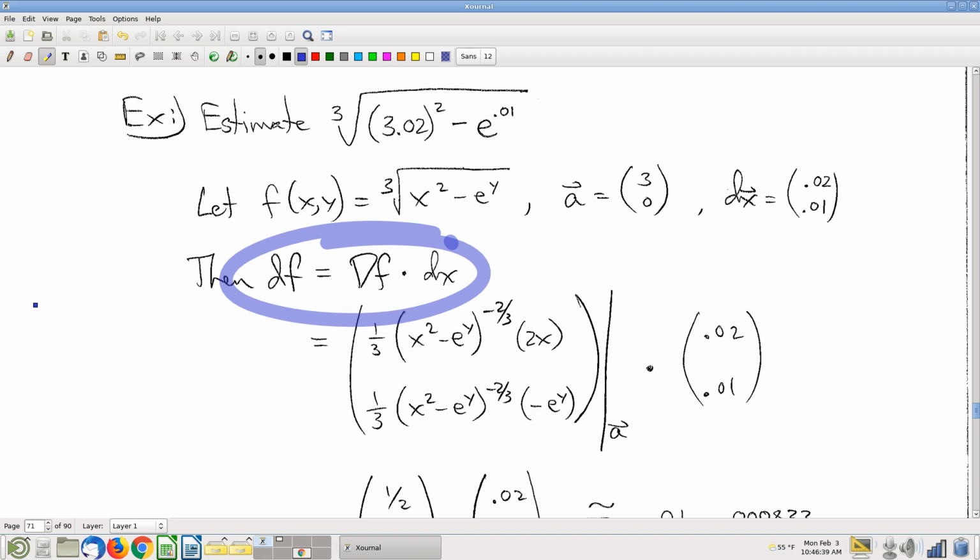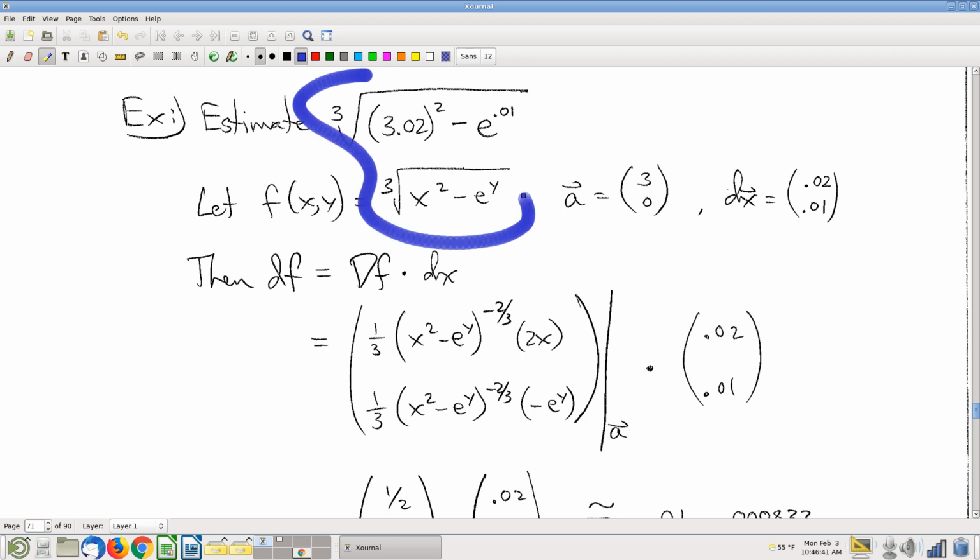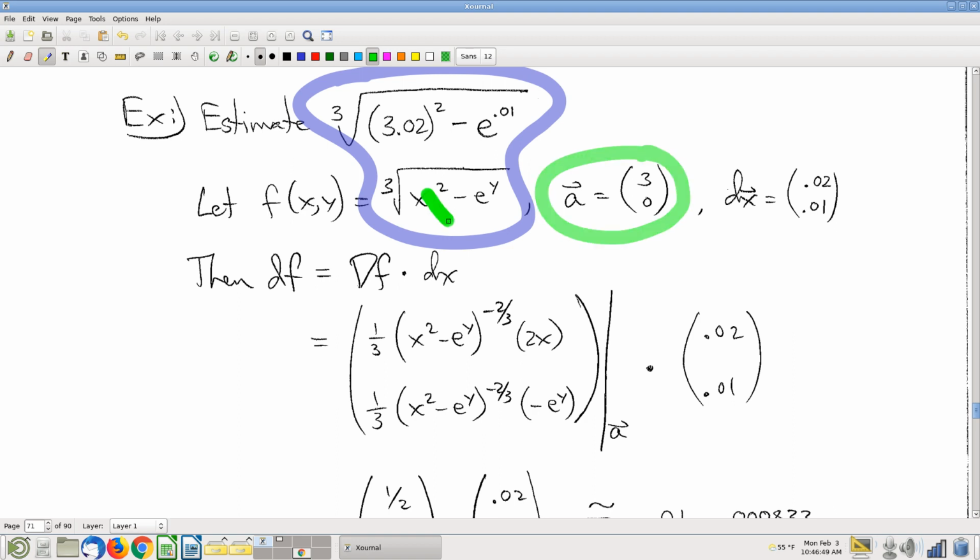Notice that the thing we're trying to estimate looks like a value of that function near this point where this function evaluates really nicely. Little exercise, plug in x equals 3, y equals 0, everything computes up real nice. But I'm not actually at that point. I'm actually interested in when x is 3.02 and y is 0.01.